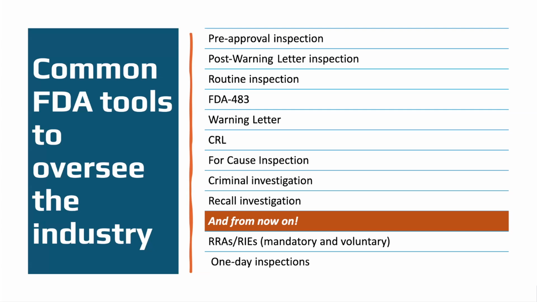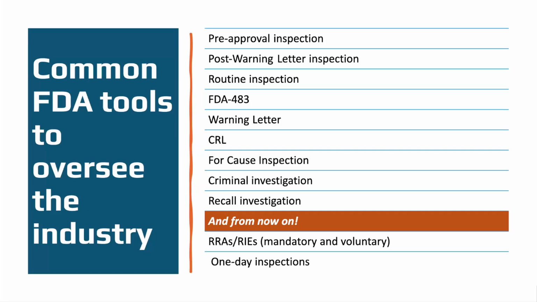Now, to oversee, there's the issuance of the 483, which, if you get a 483, potentially triggers a warning letter. But the first thing that it triggers is a response from you, which is also evidence development for the agency. The warning letter itself is also a tool that the FDA uses to keep track of your level of compliance. Complete response letters for cause inspections.